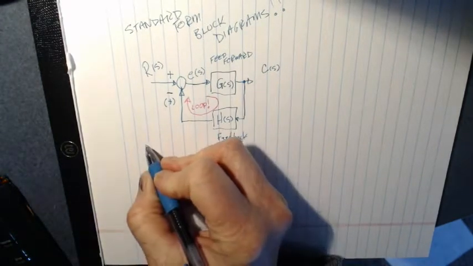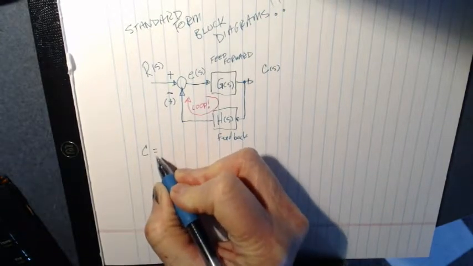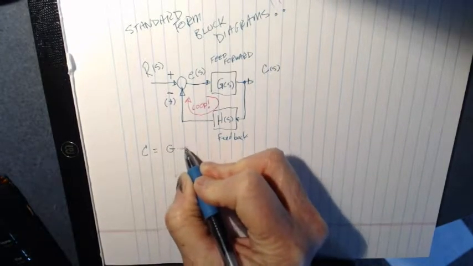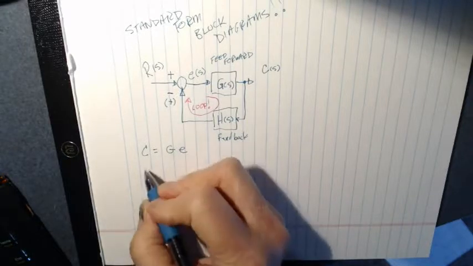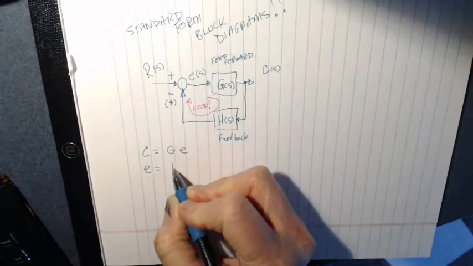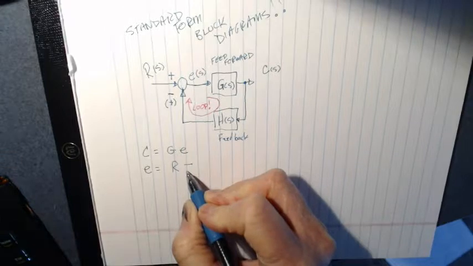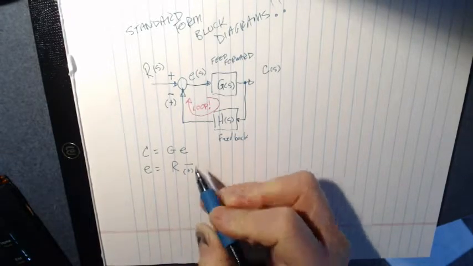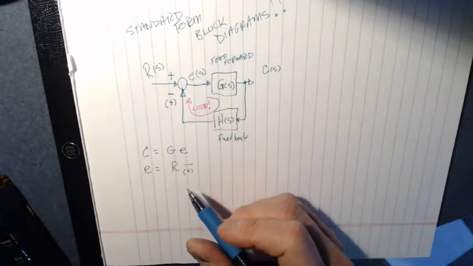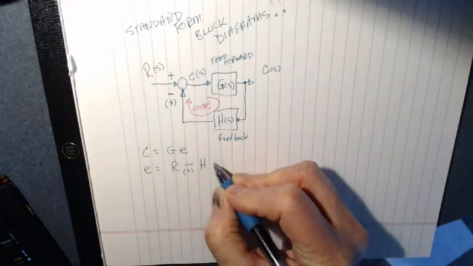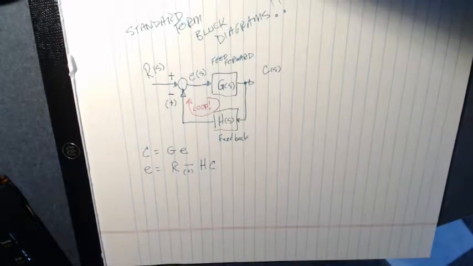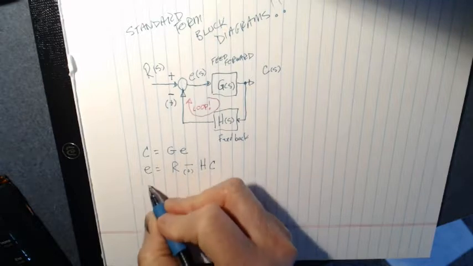Just by looking at the block diagram, even with our limited knowledge of how block diagrams work, we can see that C is equal to G times E, because that's how block diagrams work. We can also see that E is equal to R minus, or plus, depending on what that sign is, H times C. So a little bit of substitution can help us here.